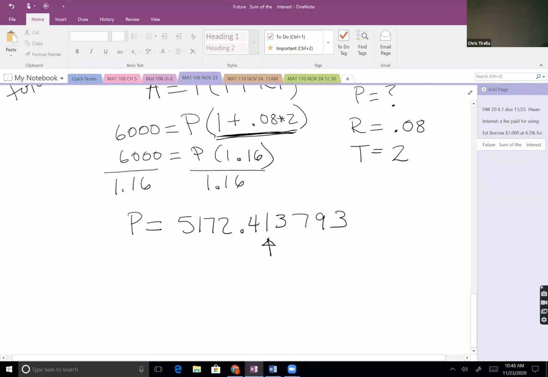If I want to express it as cents, this is my pennies place. You see how with normal rounding rules, we would round down. But if we round it down, we wouldn't have $6,000, we'd have less. So when you solve for P, you always round up.